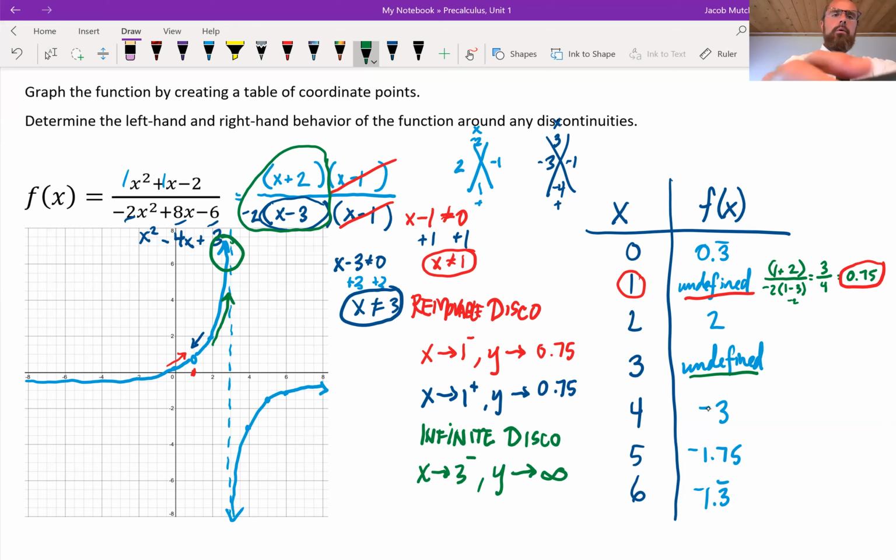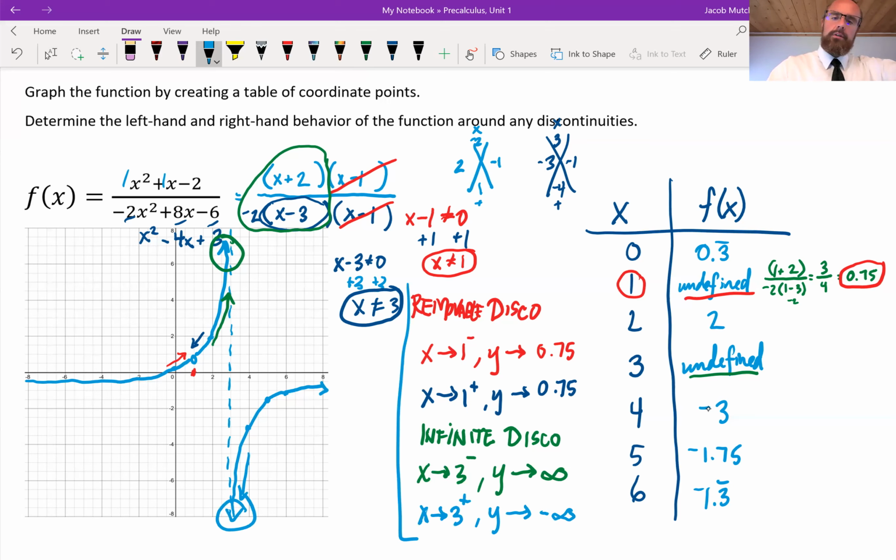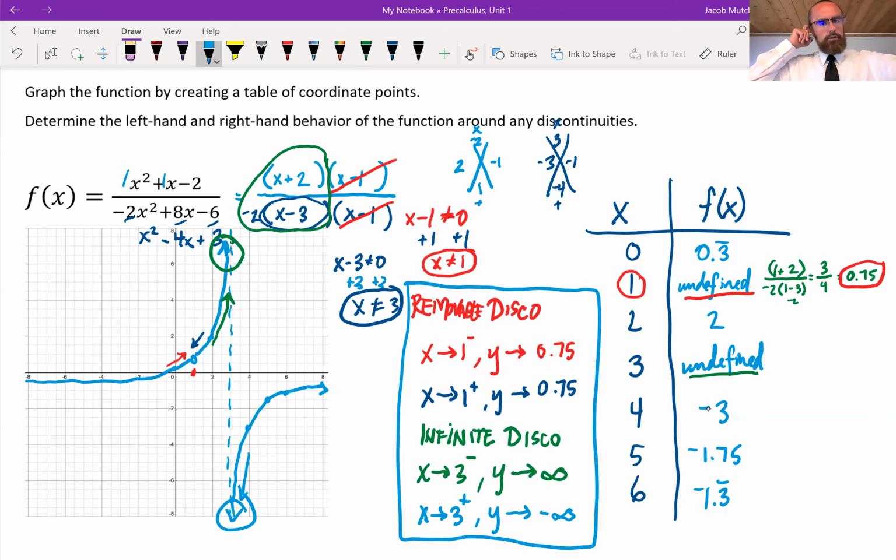Last part here, where is y headed as we approach 3 from the right-hand side? So as x approaches 3 from the right, y approaches. So again, we look at the graph on that lower part of the graph. Where is that y value headed? It's descending down, down, down, negative infinity. And that completes the behavior of this rational function around its two discontinuities.